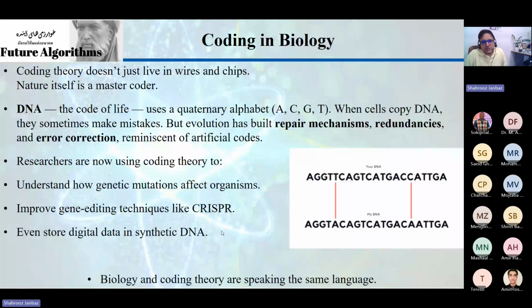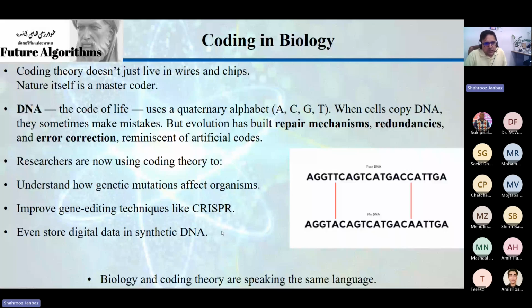In biology, coding theory has many applications. Actually, DNA uses a quaternary alphabet, ACGT. When cells copy DNA, they sometimes make mistakes. But evolution has built repair mechanisms, redundancies, and error correction for building the best DNA string.